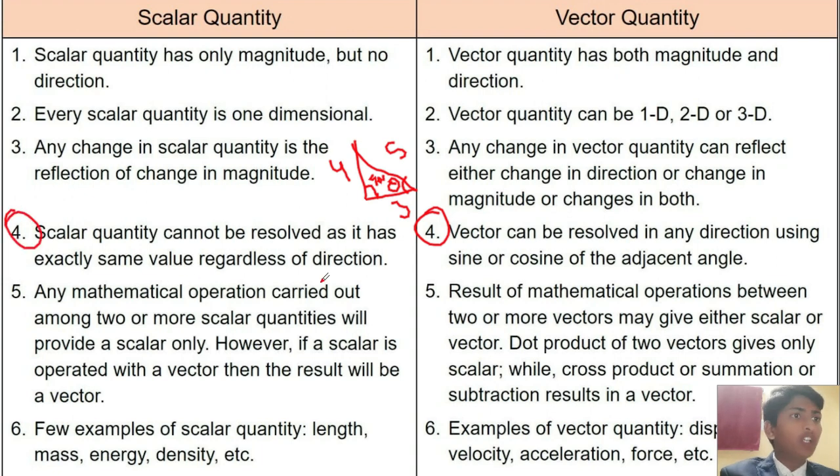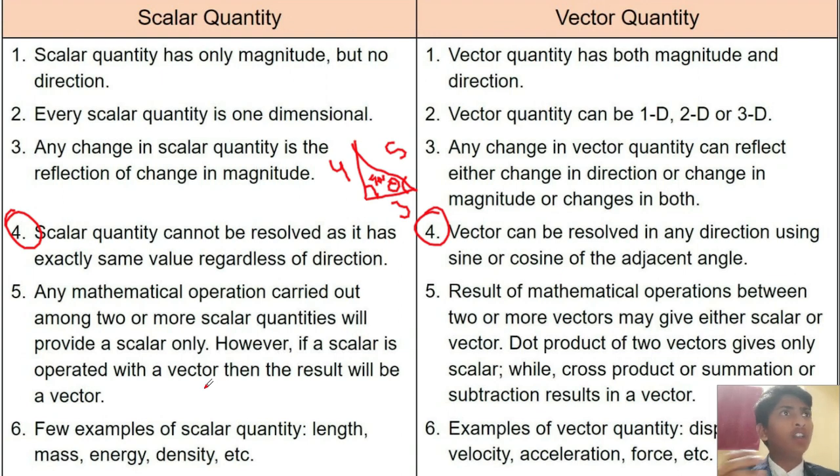Any mathematical operation carried out among two or more scalar quantities will provide a scalar quantity only. However, if a scalar is operated with a vector, then the result will be a vector. If you do any mathematical operation like addition, subtraction, multiplication, or division with two or more scalar quantities, it will be only a scalar quantity.